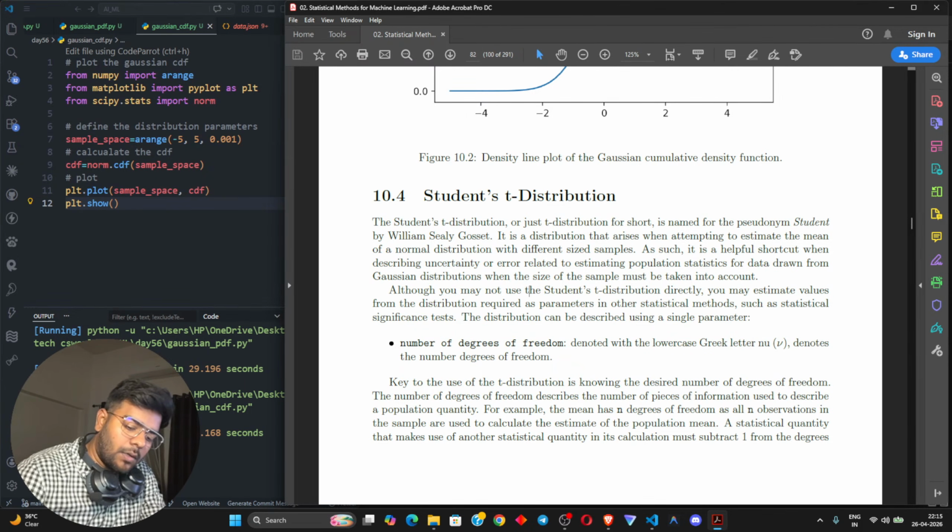Attempting to estimate the mean of a normal distribution.